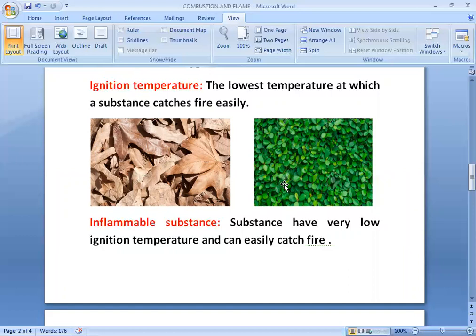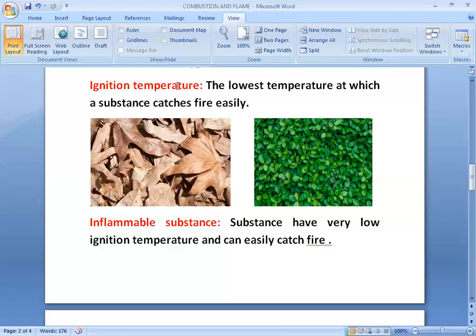Fresh green leaves have moisture content, water, and dry leaves have no moisture. And these dry leaves burn easily. Green leaves do not burn easily. Why? Because the dry leaves reach the temperature at which they catch fire easily. They reach that temperature very quickly. It means its ignition temperature, ignition meaning the temperature at which it catches fire easily, is low. And due to the presence of moisture in the green leaves, their ignition temperature is high as compared to the dry leaves, therefore it does not get burned easily.